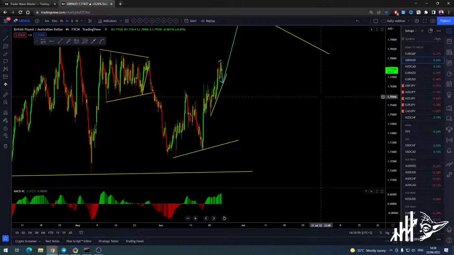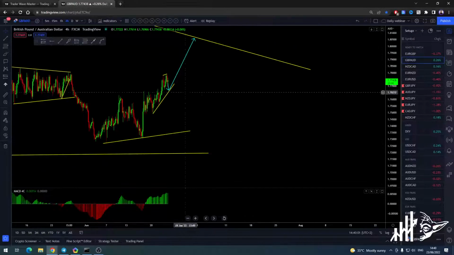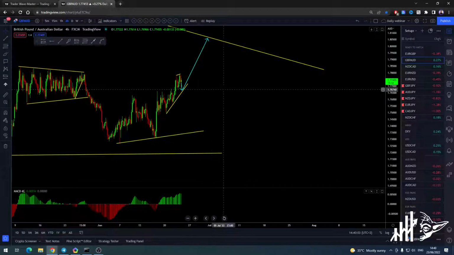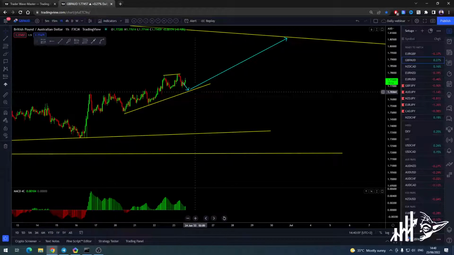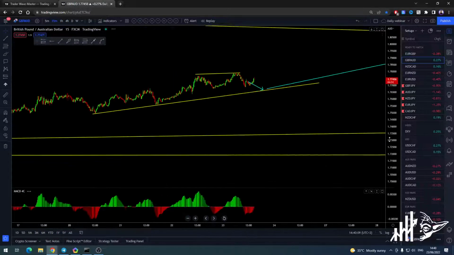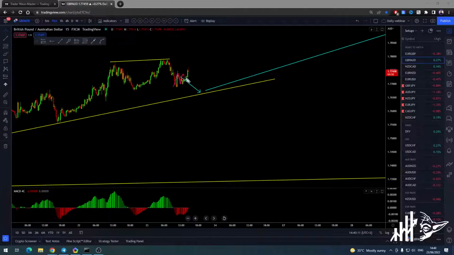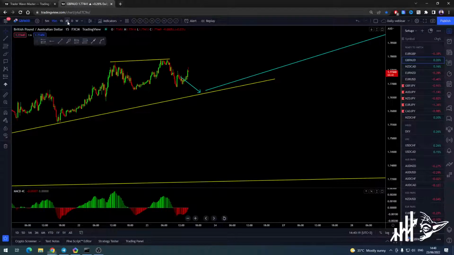Pound Aussie. This one will go higher, one leg higher. It's anticipated over there, but correction is what we will have. So this could just struggle over there, giving you maybe a retest of the previous top and then still go lower. That's going to give us the huge correction and another leg higher.